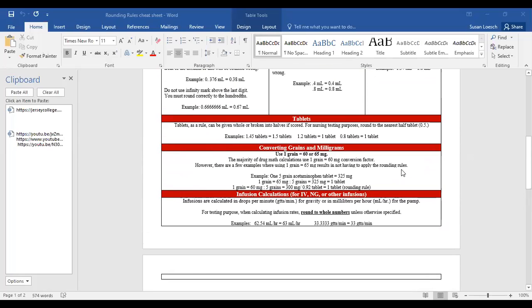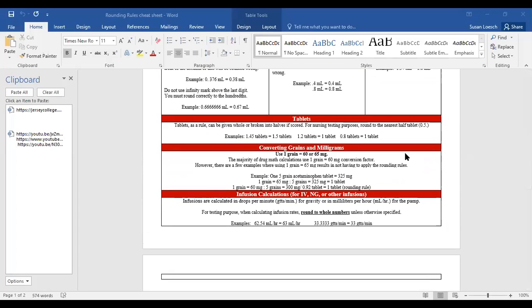Yes. The rounding rules. So it says right here, 0.8 tablets equals 1 tablet. So 0.7 is going to be the same, right? Round it to the nearest half. Prince, you don't round down.